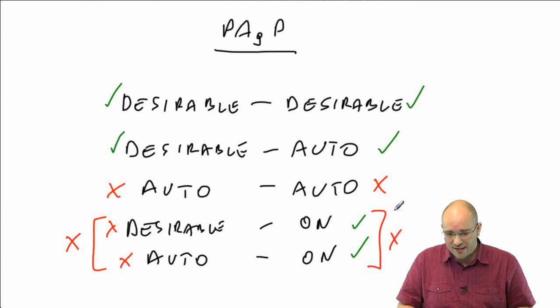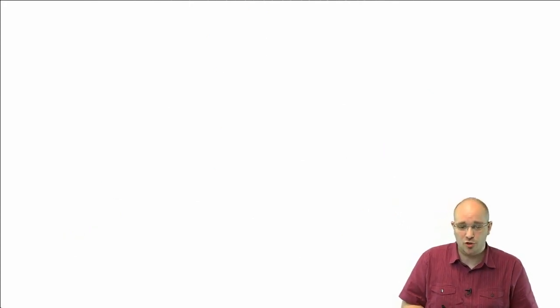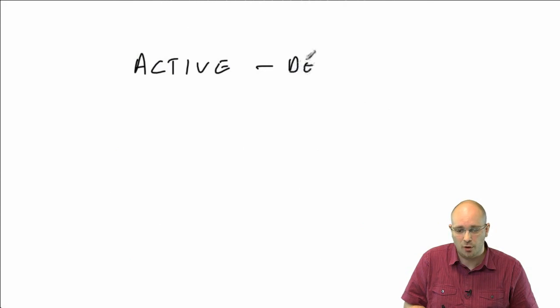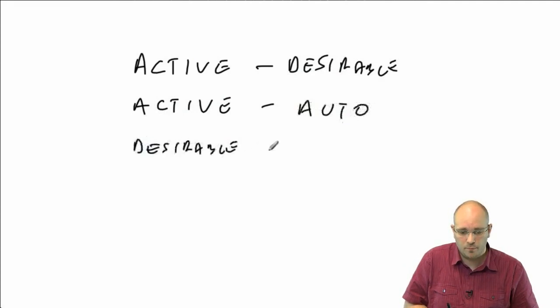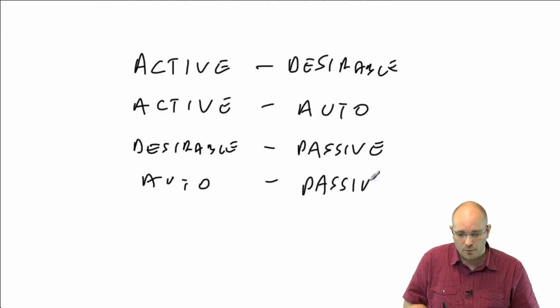And for the end, let's see if we have a seriously misconfigured EtherChannel. What happens if I have, for example, active on one side and desirable on the other side? Or if I had active and auto, and if I had desirable and passive, or if I had auto and passive.